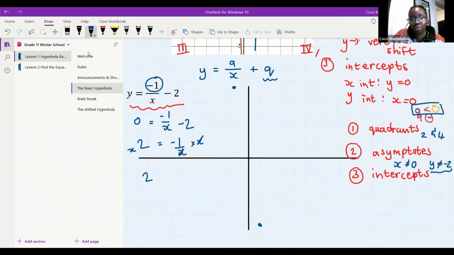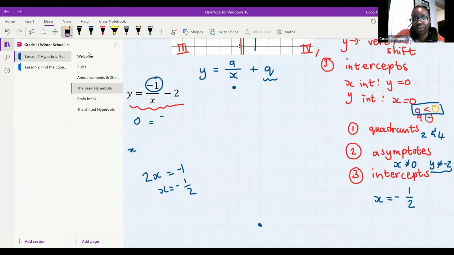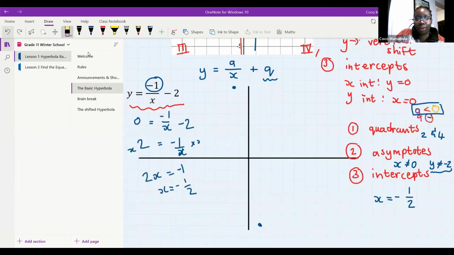I'm going to have 2x is equal to -1, x is equal to -1 over 2. This is the intercept, sorry. x is equal to -1 over 2. All right, so the vertical asymptote, hold on. Okay, the vertical asymptote over here. Oh, did I just erase my entire graph? There we go. Okay.